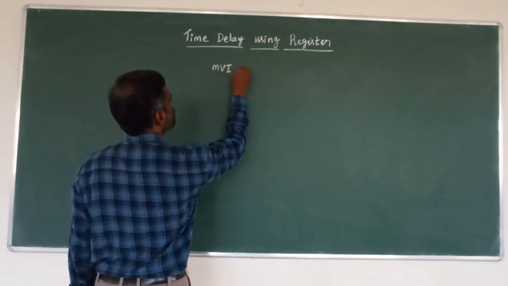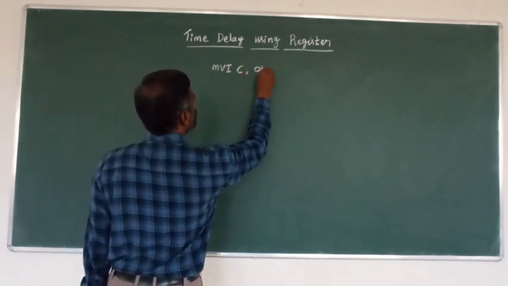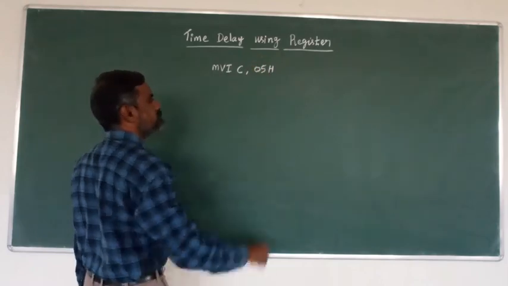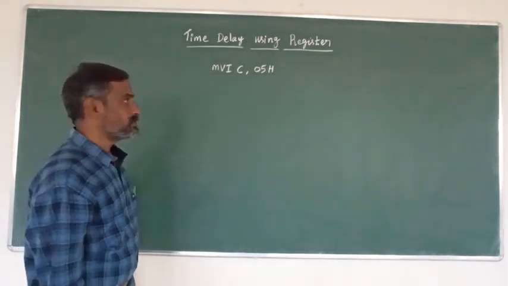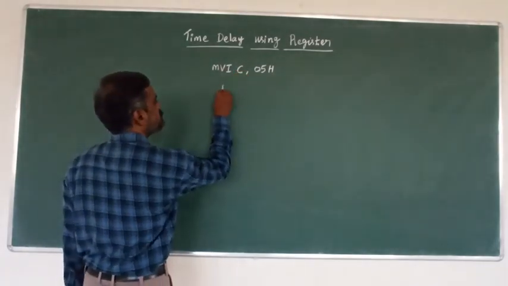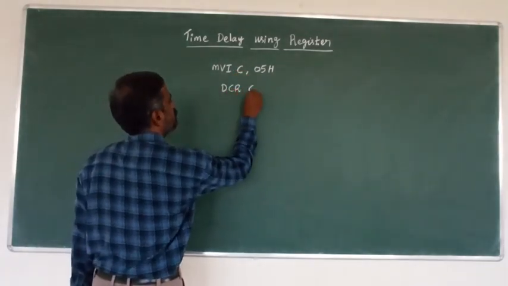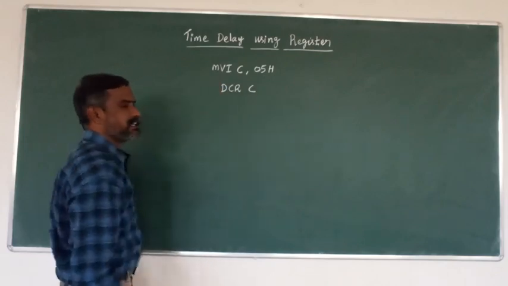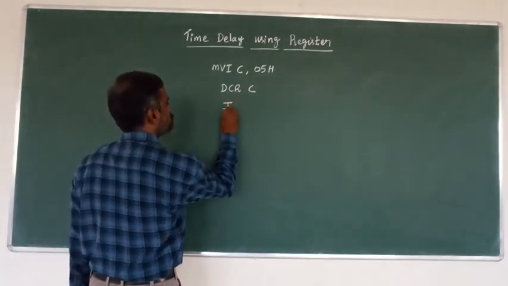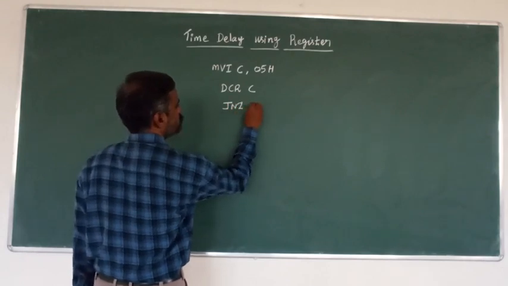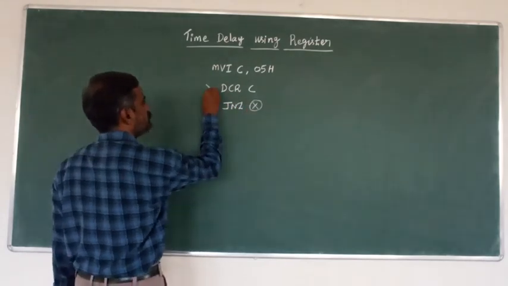MVI C, 05H, and then decrement the C register content. Now to check whether it is 0 or not, we use JNZ: if not 0, jump to here.